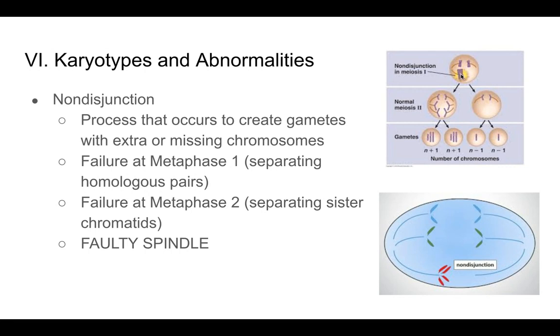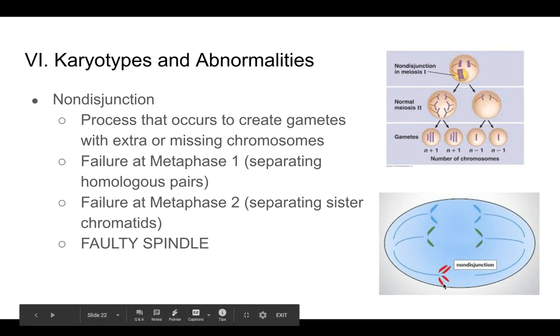And so when that cell actually goes through the rest of meiosis, we end up with gametes that have an extra chromosome. This side, this line of cells is going to be missing the chromosome that was given over here. And that's all just because of an accident, a mistake at the spindle that isn't caught in meiosis.